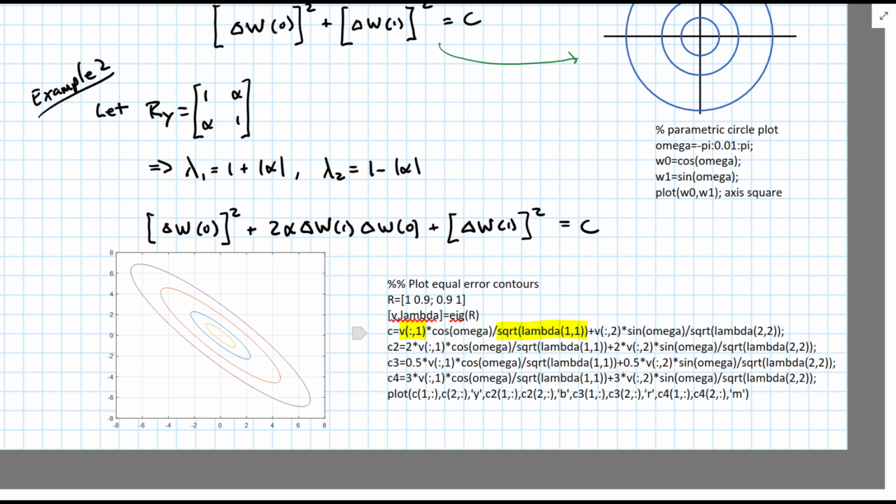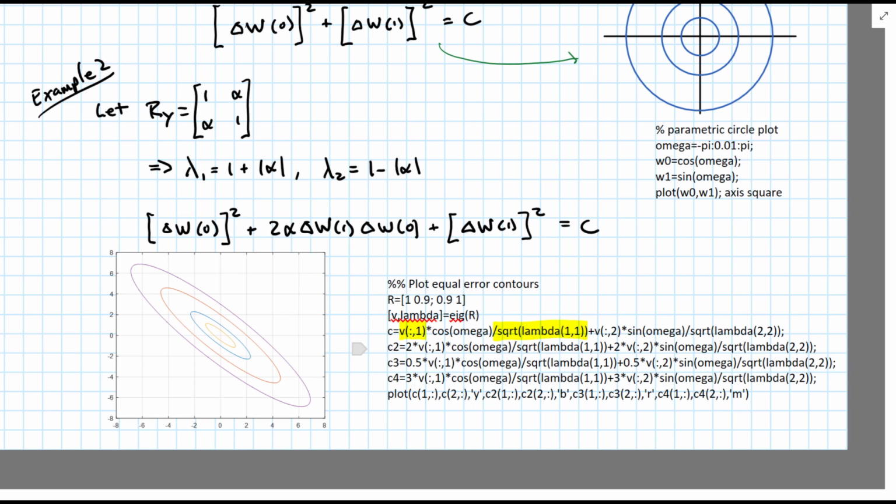The eigenvector determines the direction in which our ellipse is oriented, and the eigenvalue determines how it's scaled in that direction. Notice that the eigenvalue is divided into the cosine. I've generated several error contours here with effectively different constants, as you can see out front. And so now you have all the tools you need to generate your own error contours.